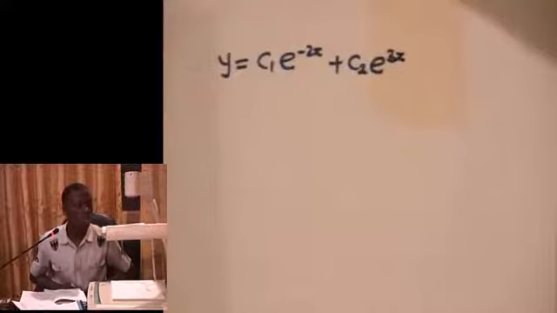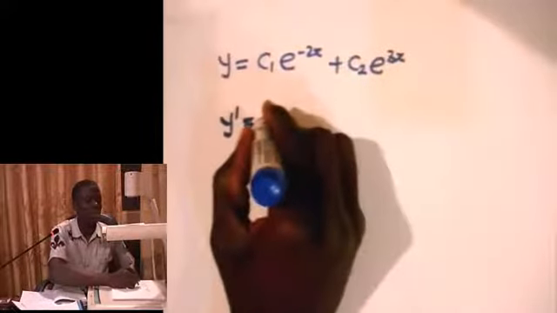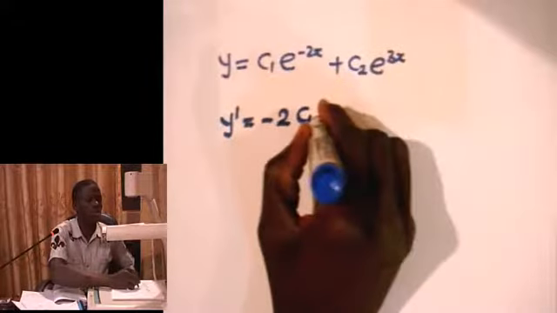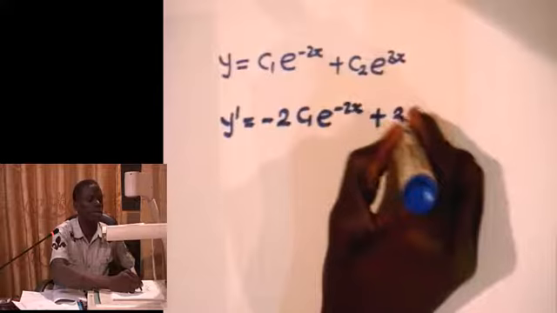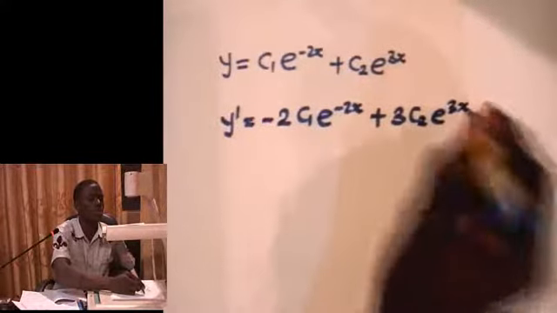If y equals c1 e raised to power minus 2x plus c2 e raised to power 3x, then y prime equals minus 2 c1 e raised to power minus 2x plus 3 c2 e raised to power 3x.